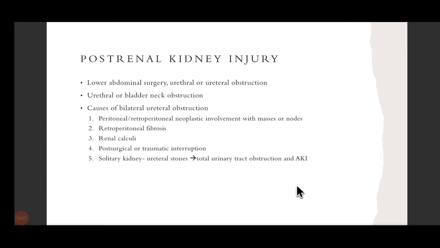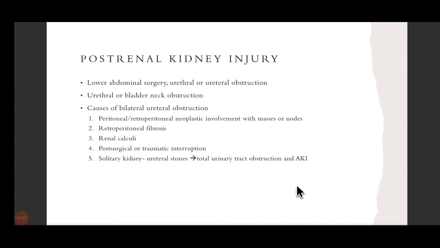So there is a tumor which has developed there, and because of the mass effect it is either compressing on the ureters or involving the ureters or causing retroperitoneal fibrosis. We can see that in a case of retroperitoneal sarcoma or a uterine pathology, a uterine tumor.